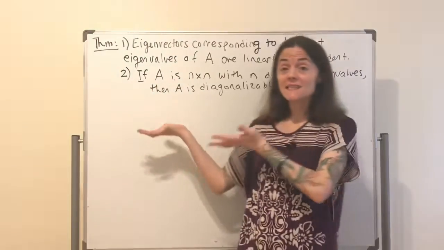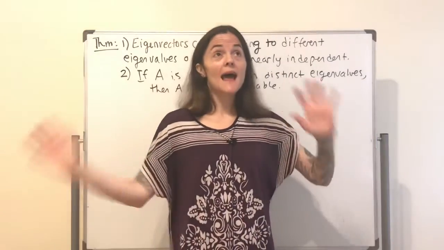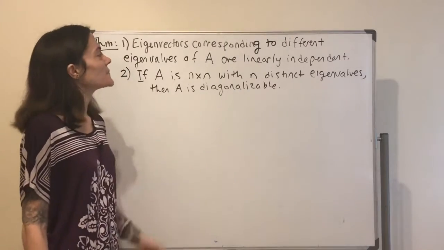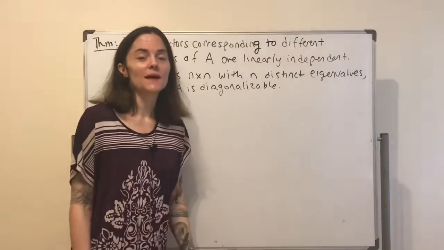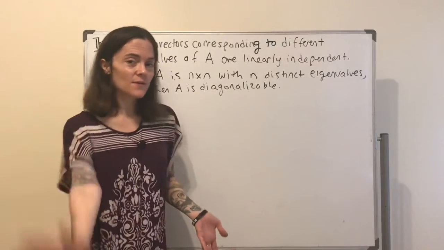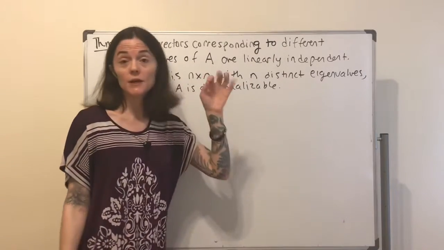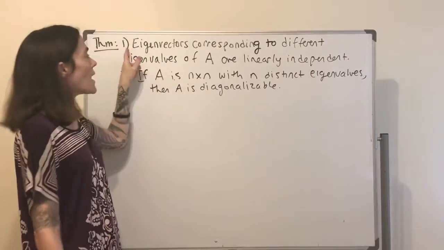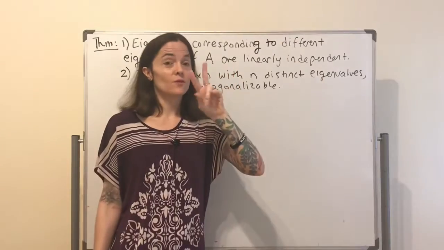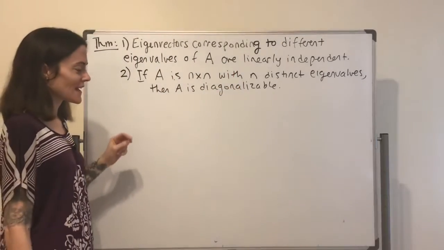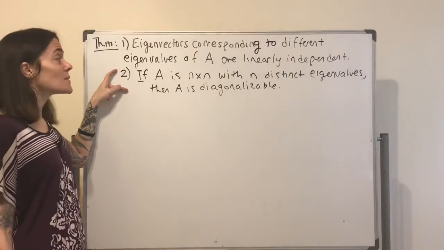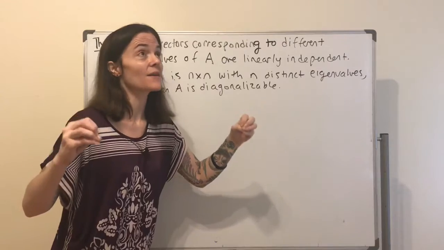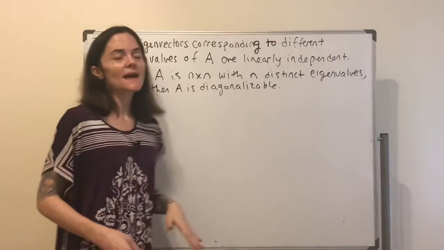We saw this last theorem in the last example, and I want to discuss it now. It says that eigenvectors corresponding to different eigenvalues for the same matrix A are linearly independent. And a consequence of that is, if you have a matrix that has n distinct eigenvalues, then it will be diagonalizable.